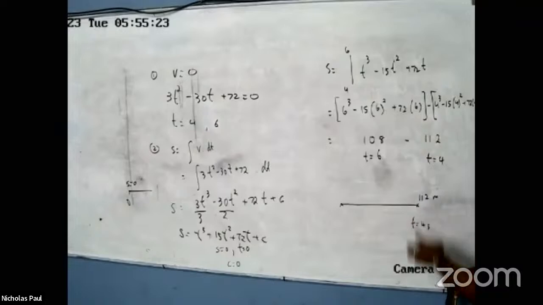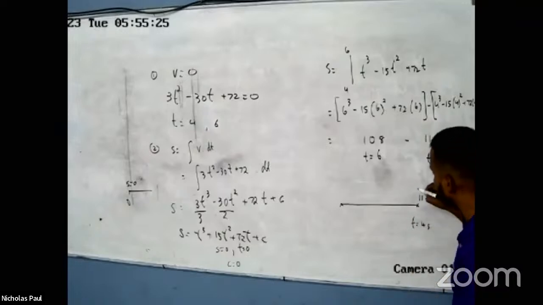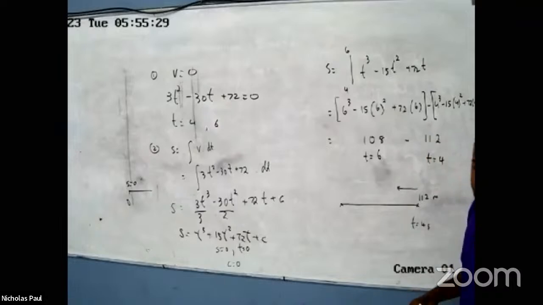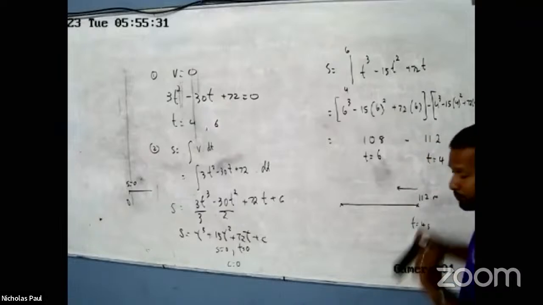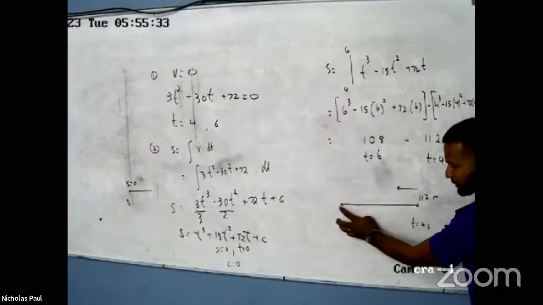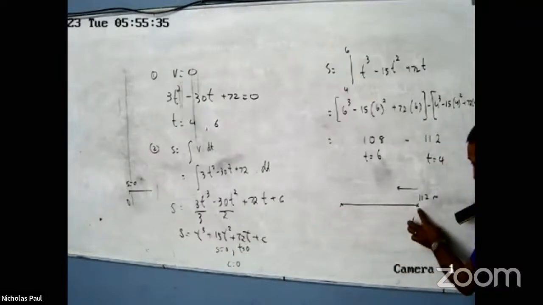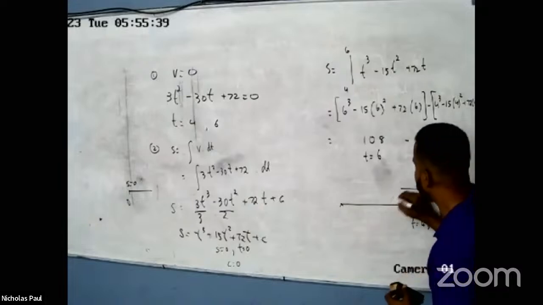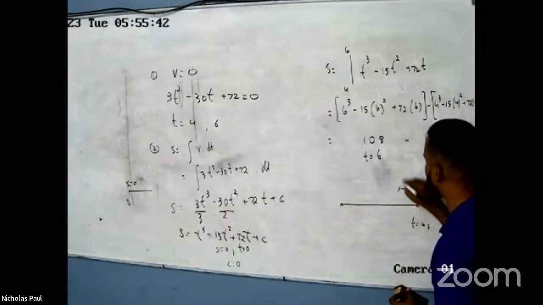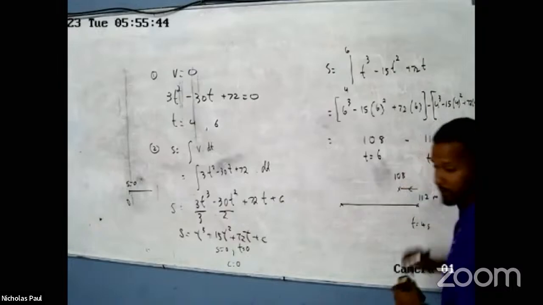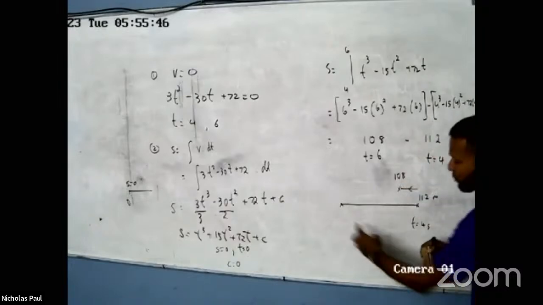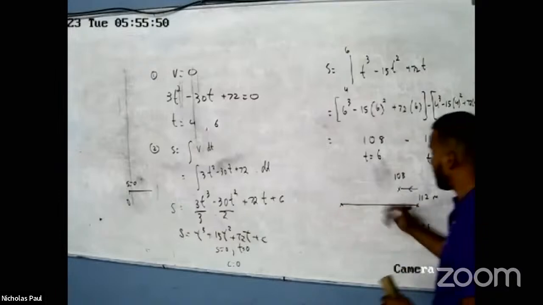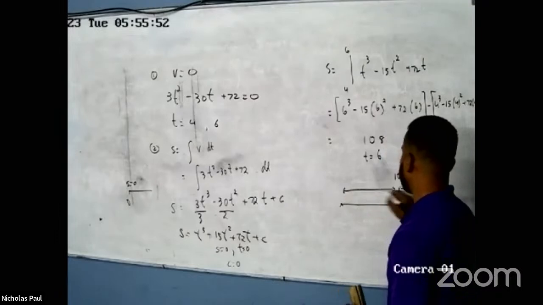And then you travel 2 more seconds in this direction. Remember how you find displacement? Displacement is the straight line distance from where you start to where you finish. So if your displacement now is 108 meters, it means that your distance from where you start to where you finish has to be 108. So from here to here is 108 meters.